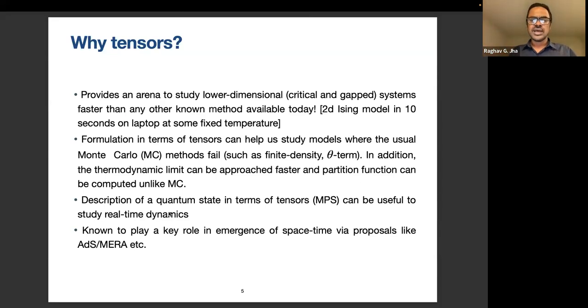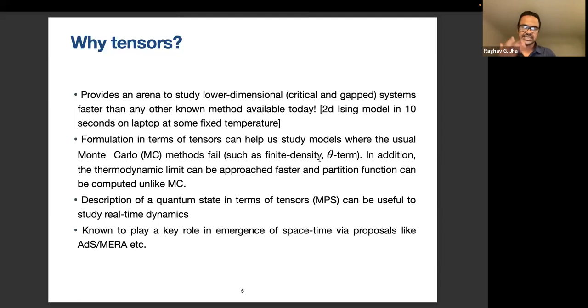Now, the second advantage, which is more important, is that, as I already mentioned, we can study models with, for example, finite density, finite chemical potential, or a topological theta term. These are not possible to study using Monte Carlo methods because of the well-known sign problem. So tensor networks have the potential to help us in studying these models.